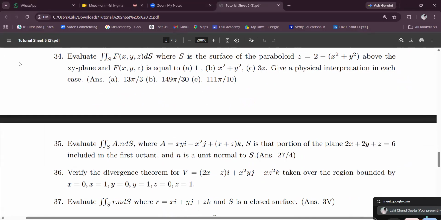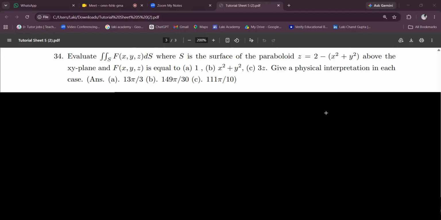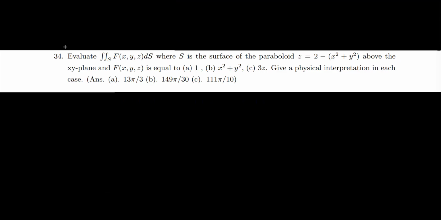Okay. Read question 34. Actually, 34 is not based on Stokes theorem. It is a general question. Still, I will tell you how it can be solved.